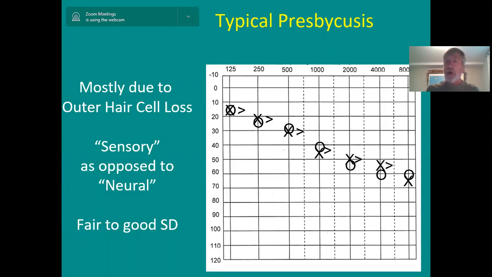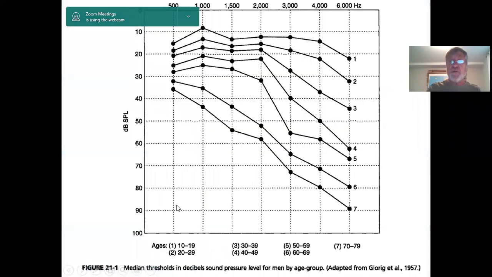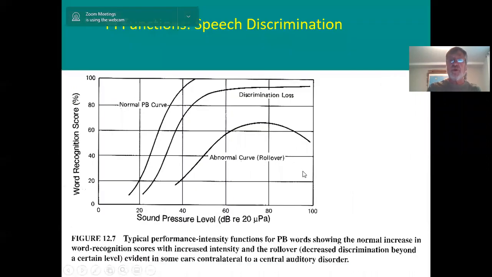They'll do pretty good. 80% of the words they'll get, not bad, okay? And then we said the last part of a hearing test is the tympanogram, testing the middle ear function. Okay, anyway, typical presbycusis. Look what happens over age, okay? Gradually losing high frequencies. Just showing you pictures.